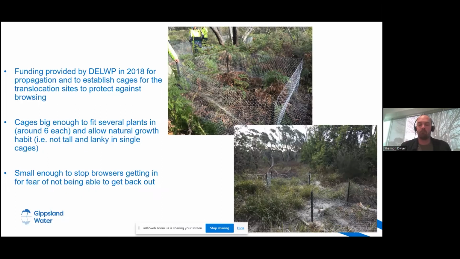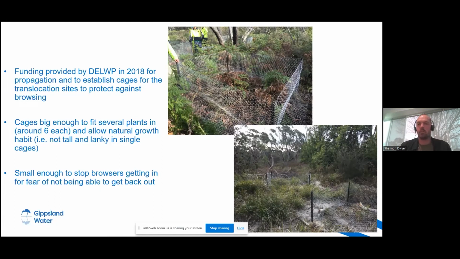So one of the risks for translocation or even just plants in the wild is browsing, and not just from deer or any sort of pests that get in, but wallabies, kangaroos, native animals do browse on these things for some reason. They're difficult to find in the understory, but amongst the heathy woodland that this species lives in, there's not a lot that's very palatable. So this is probably one of the few species that they stumble across and get a munch on.